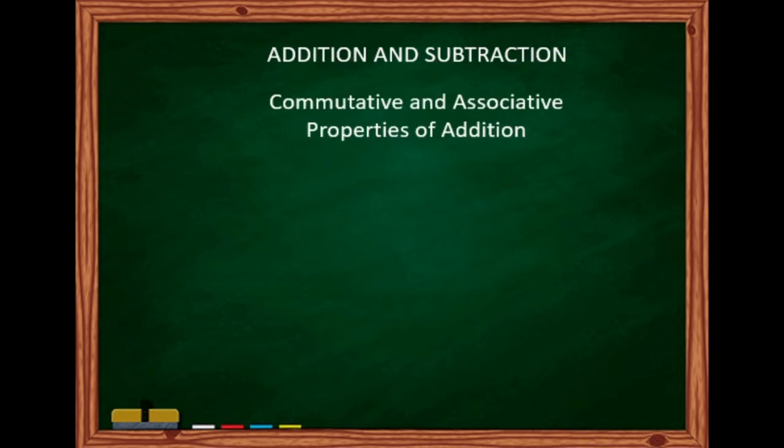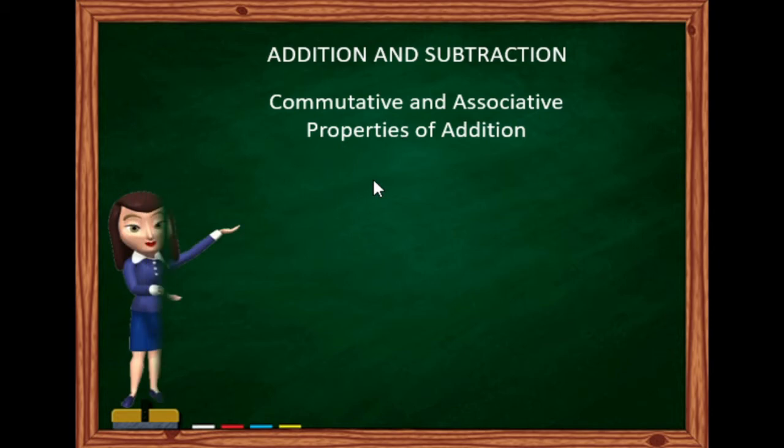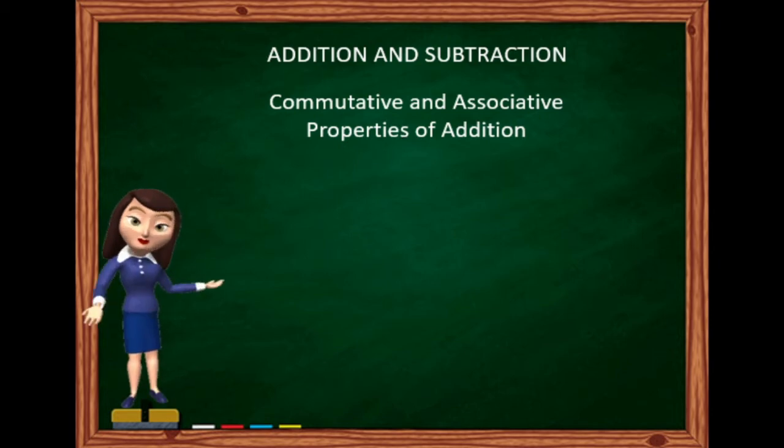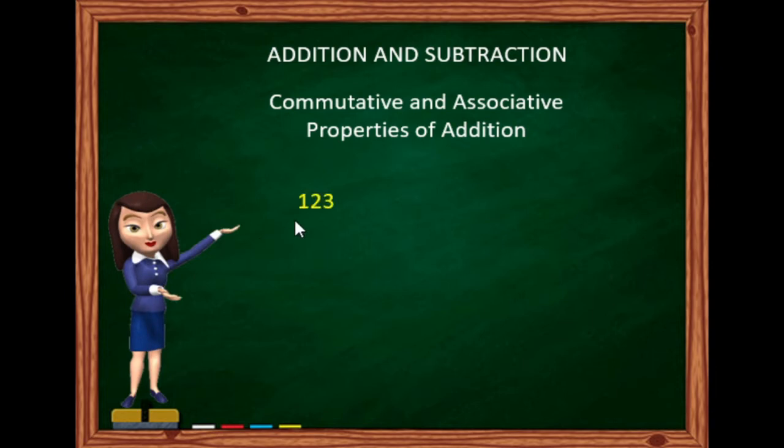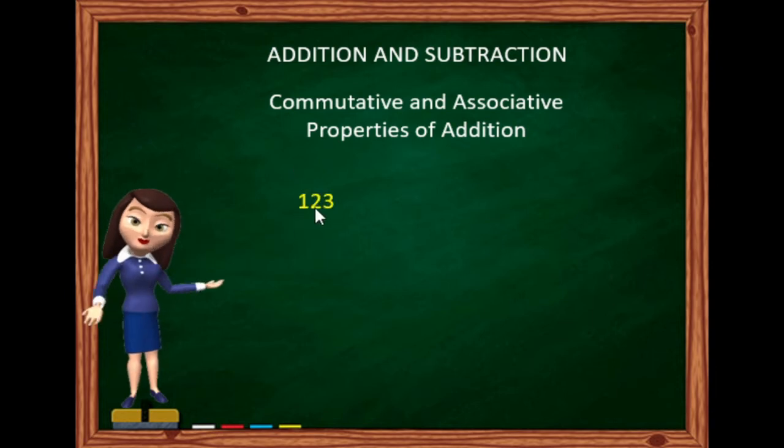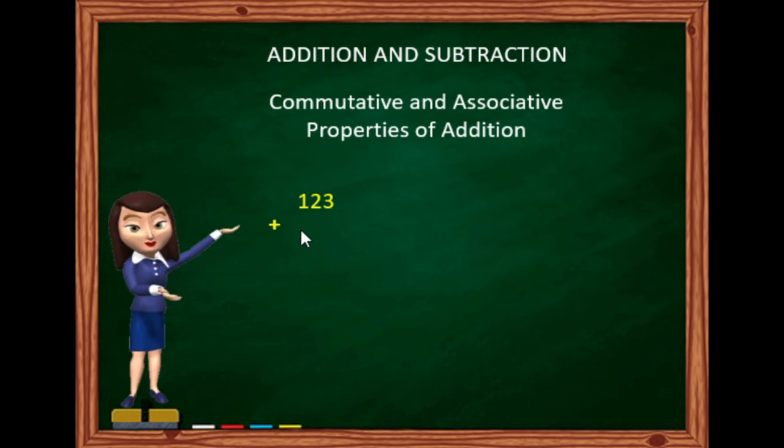This time, I have said last time that addition and subtraction has two properties. We have commutative property of addition and subtraction, and associative property of addition and subtraction. I will show you again the example of one property. We have here 123 plus 415.